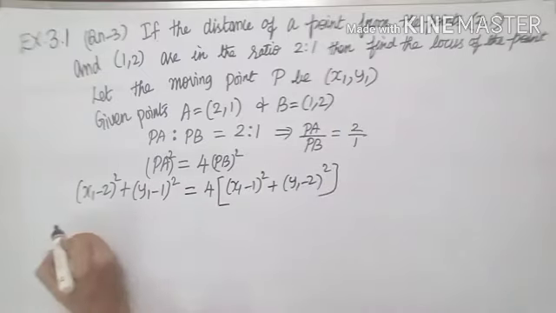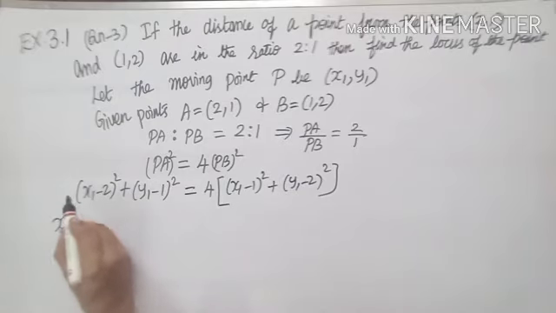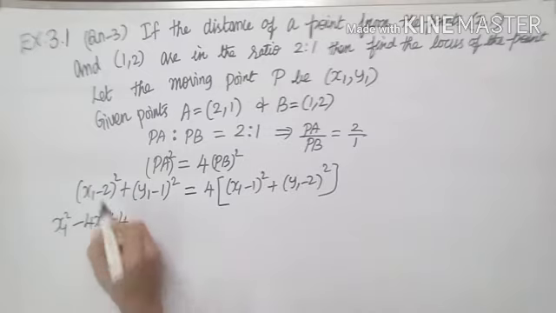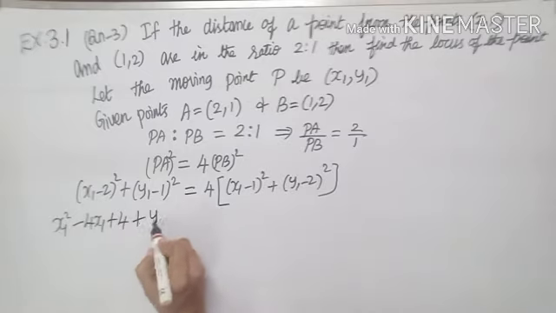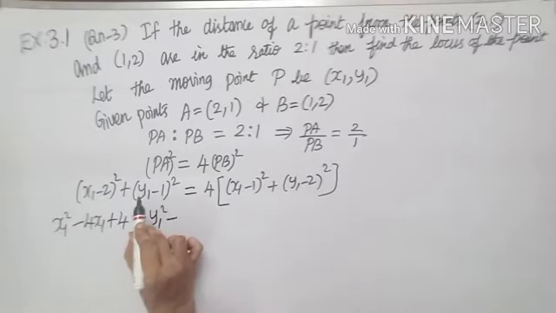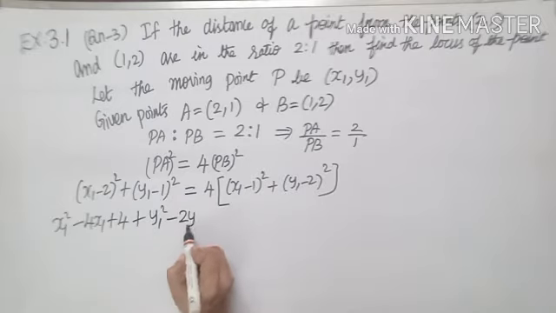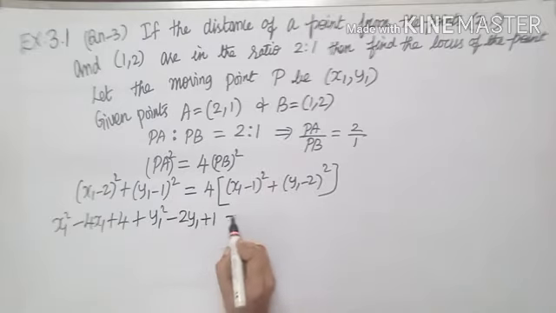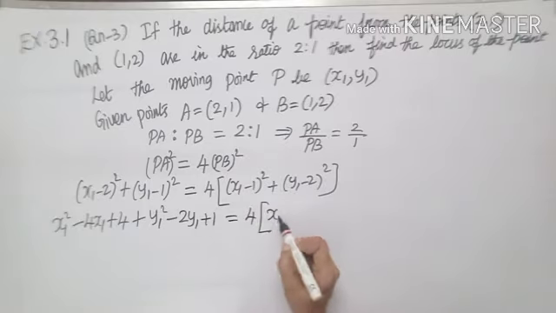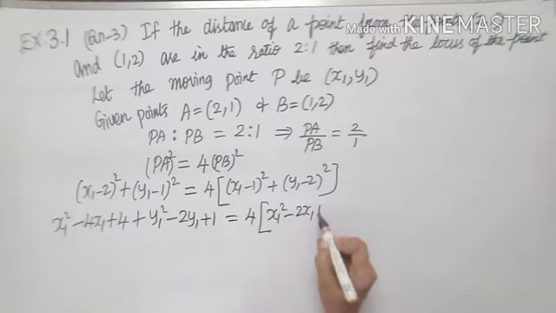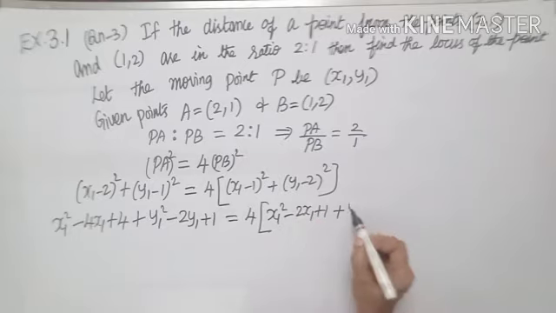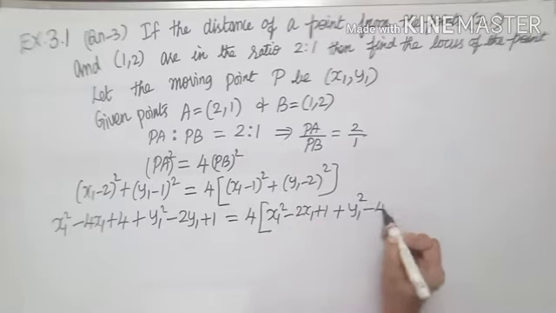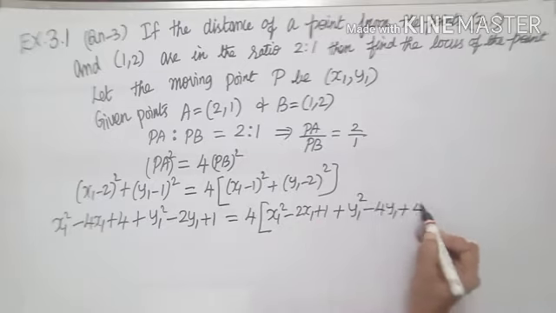Expanding this: x1 square minus 4x1 plus 4, y1 square minus 2y1 plus 1, 4 into, again expand this, x1 square minus 2x1 plus 1, y1 square minus 4y1 plus 4.